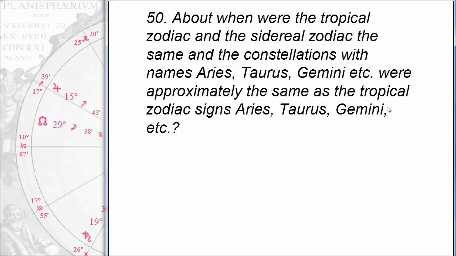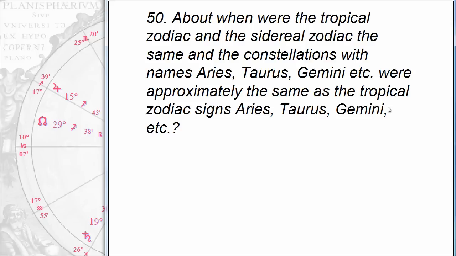Now, if the vernal equinox is moving through the constellations, when was the vernal equinox lined up perfectly with the constellations? Right now, the vernal equinox, which is the beginning of Aries, is in the constellation of Pisces, and not too far from now it will be in the constellation of Aquarius as it moves backwards through the constellations.